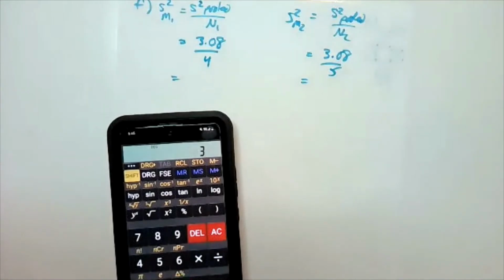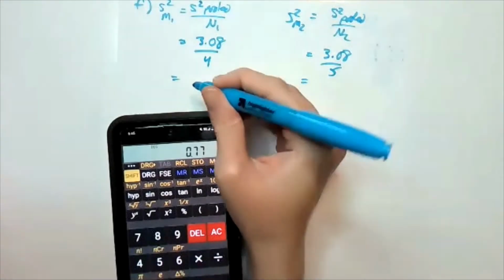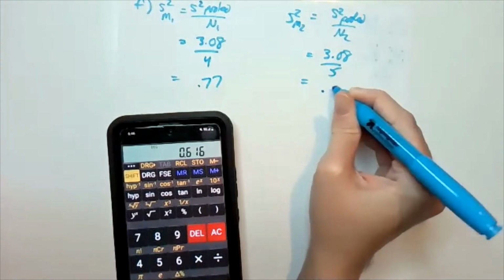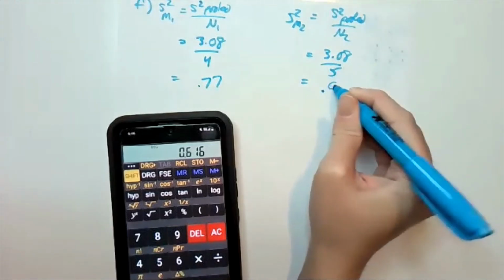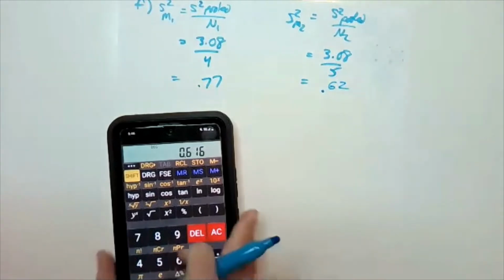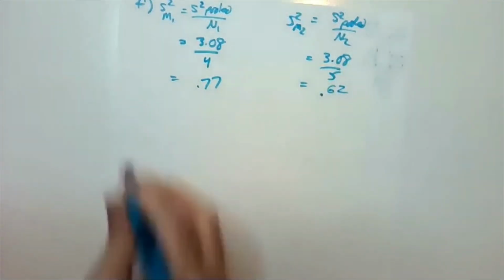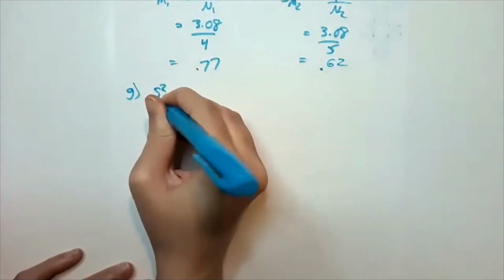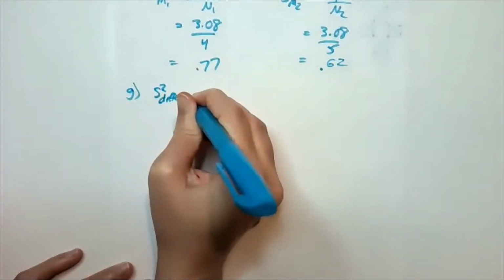And so if I want to do that calculation, I'm going to get 0.77 here. And I'm going to get 0.616, or 0.62 if I round it over here. And so the next step is going to be the S-squared difference.